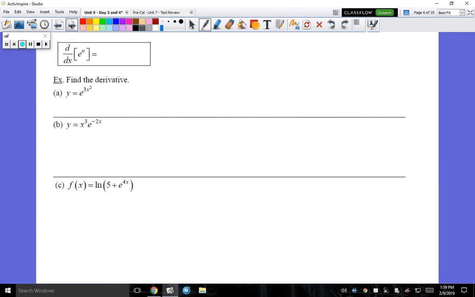Okay. Let's review some stuff from before. Let's talk about now derivatives of exponential functions. Okay? The derivative with respect to x of e to the x is itself, in fact. But this u is saying, what if it wasn't just x?